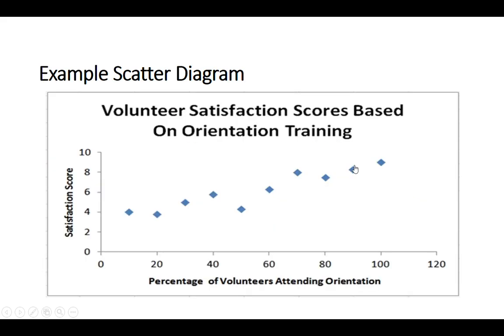These points are not connected, but the scatter diagram will also show you the trend. Volunteer attendance at orientation and then satisfaction scores. The satisfaction scores were lower here, around 50.